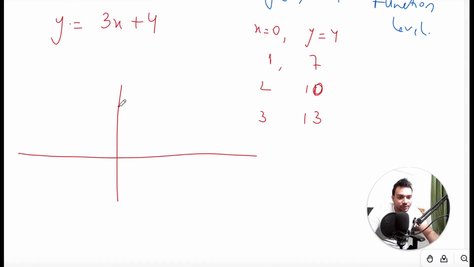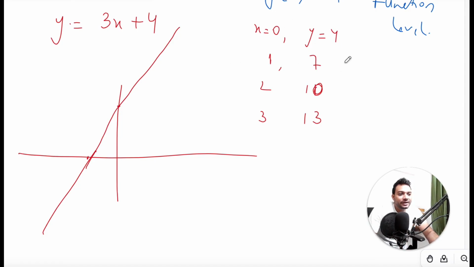So this is 0 comma 4, the y-intercept, and then this would be the x-intercept. So the graph goes like this. This is a straight line. Excuse my drawing. So this is a straight line, y is equal to 3x plus 4. This is the original graph.